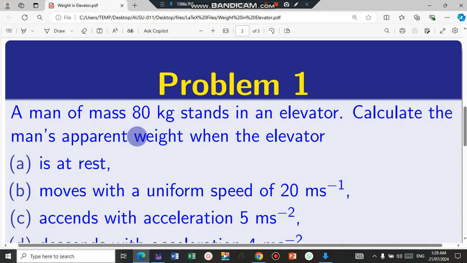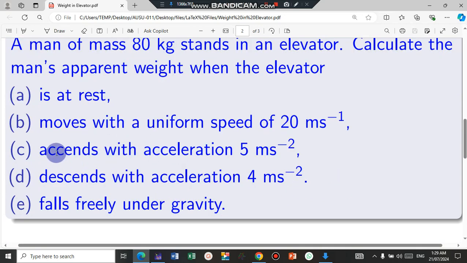Calculate the man's apparent weight when the elevator: A, is at rest; B, moves with a uniform speed of 20 meters per second; C, ascends with acceleration 5 meters per second squared; D, descends with acceleration 4 meters per second squared; and finally E, when the elevator falls freely under gravity.